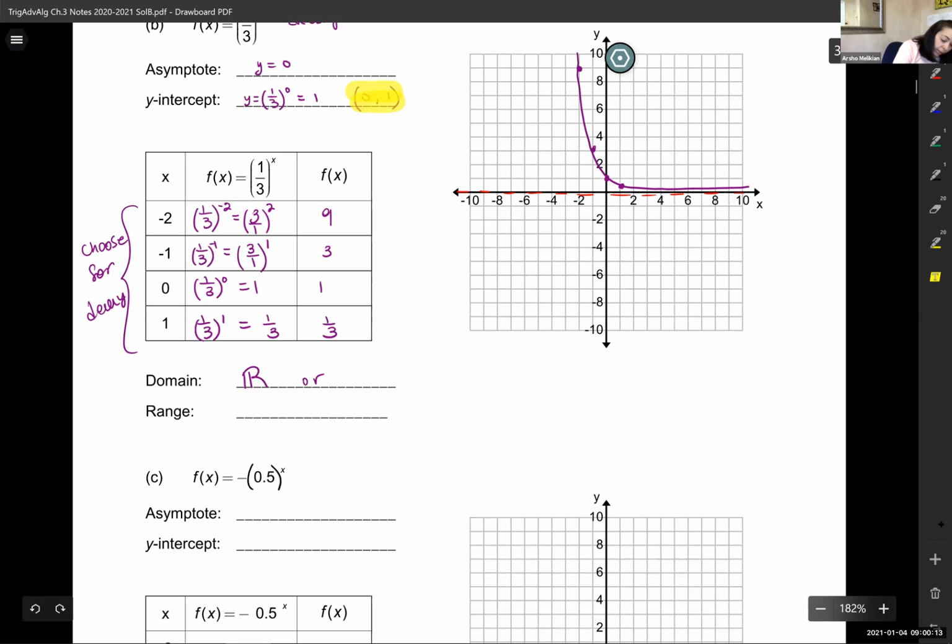Or another notation is an upside down A and a regular R. Those both mean all real numbers. Or you could just write all real numbers. Okay? Just don't leave it blank because that's your free points. Range. It's on top of the x-axis. It's on top of the asymptote. So y is greater than 0. Okay?